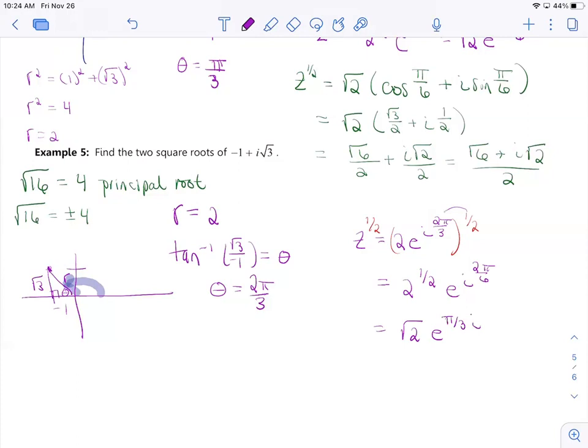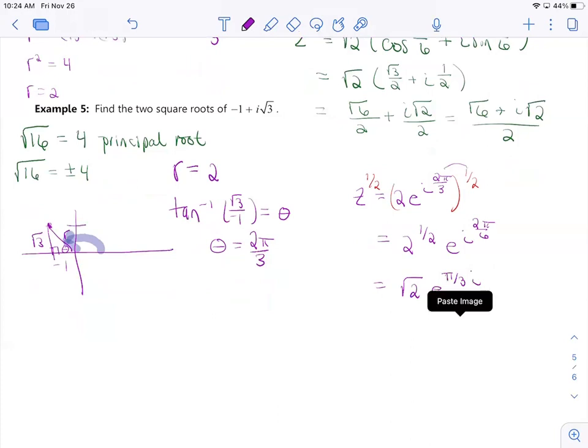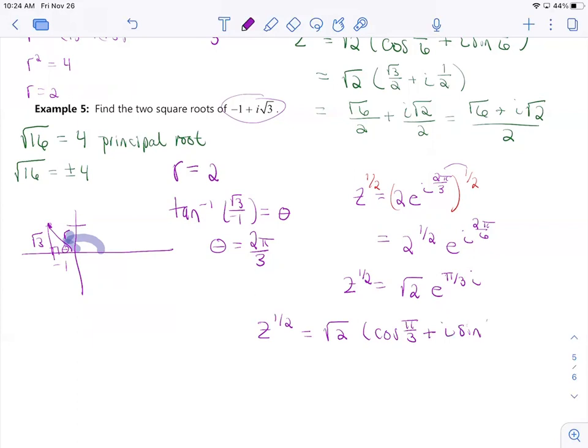Okay. So this is one root, but what we have to do again is change it back into rectangular since it originally was rectangular. So same process as we did in example 4. So we get root 2 cosine pi over 3 plus i sine pi over 3.